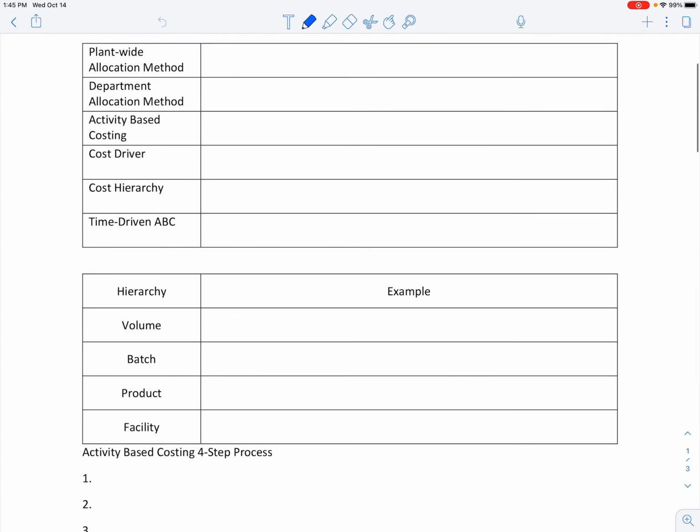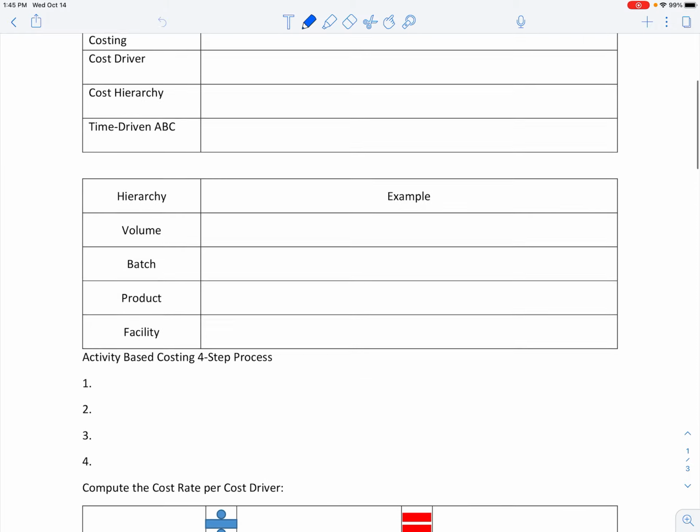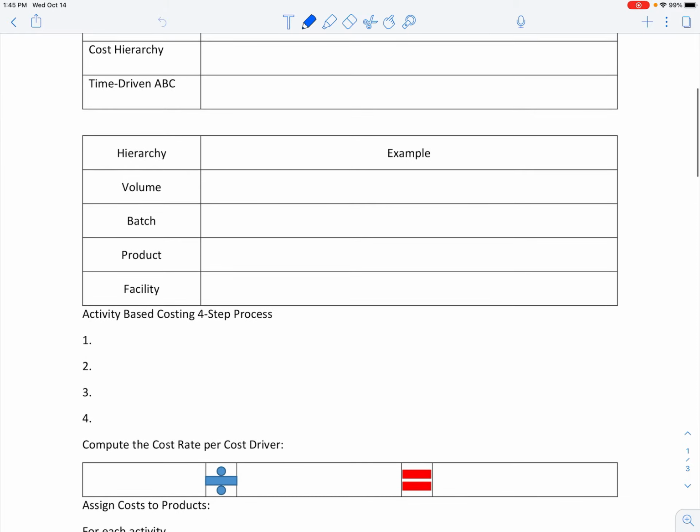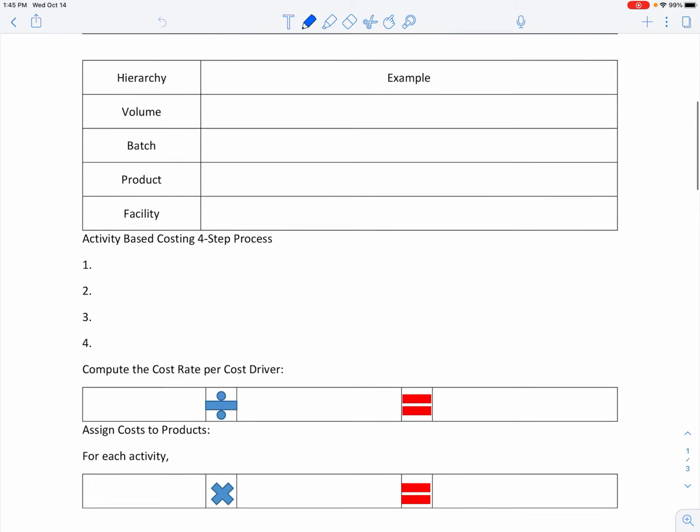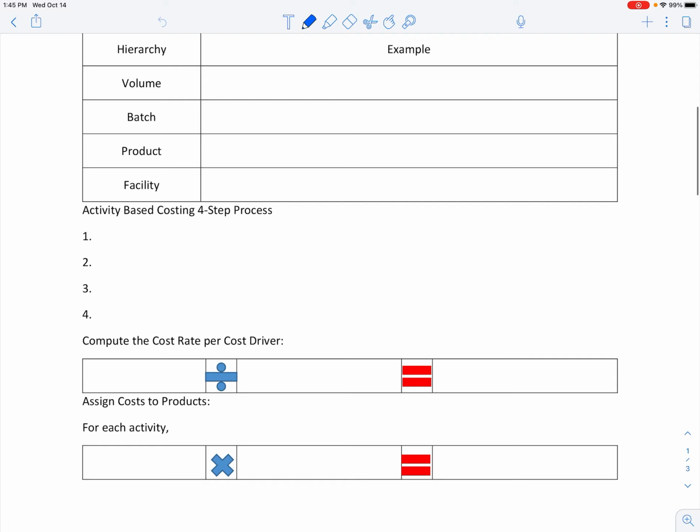So make sure you know those differences, know those definitions of some of these concepts. Take a look at the different activities and what would fit into those activities. And then we'll take a closer look at activity-based costing. This is a 4-step process.